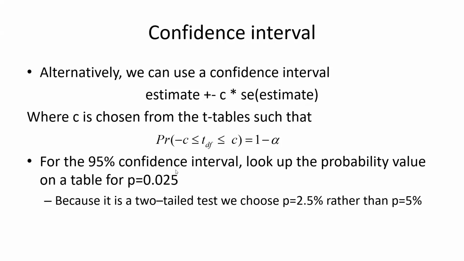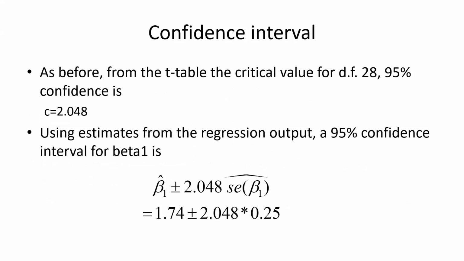And we look up the value for p equals 2.5% for the same reason, because it's a two-tailed test and we're looking up the value of one of the two regions. Since combined they are 5%, one of the two regions is 2.5%. And that would give the same answer. Here's the confidence interval, it gives you the same answer.